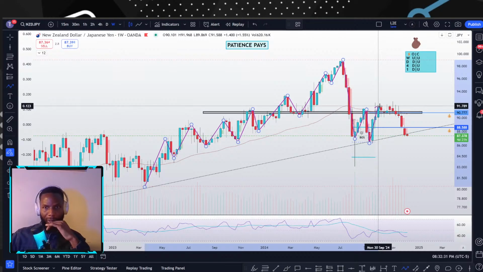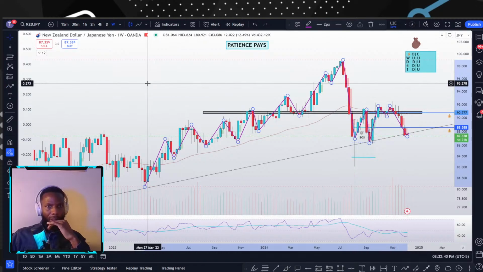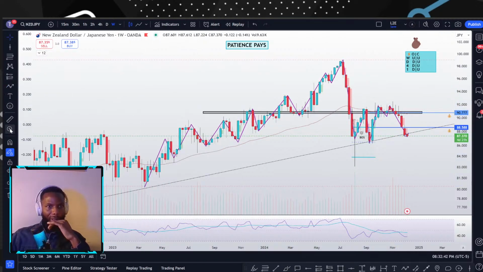This area looks like it's a little bit tricky. Actually have to zoom in to see what's happening right there.